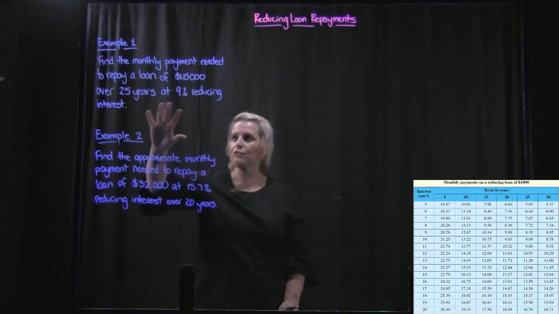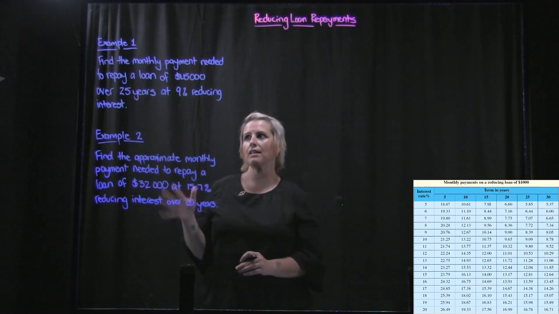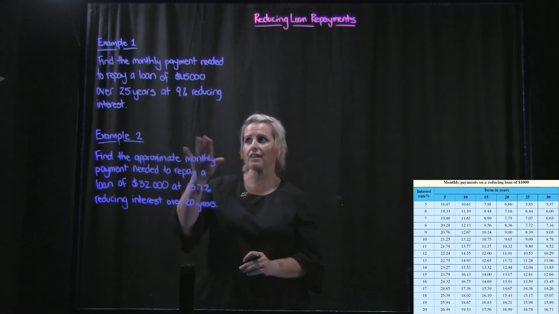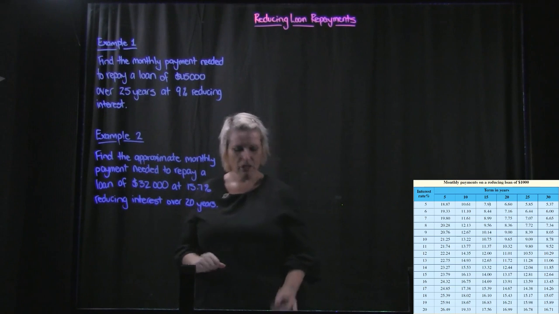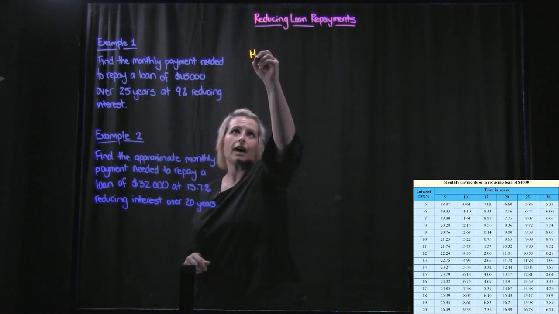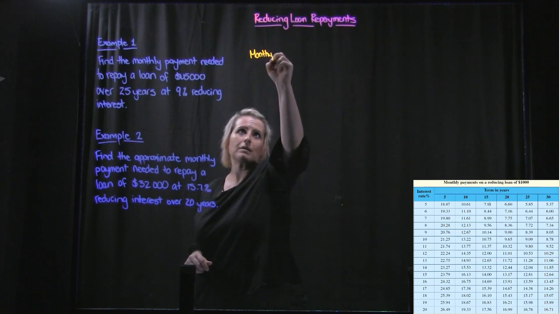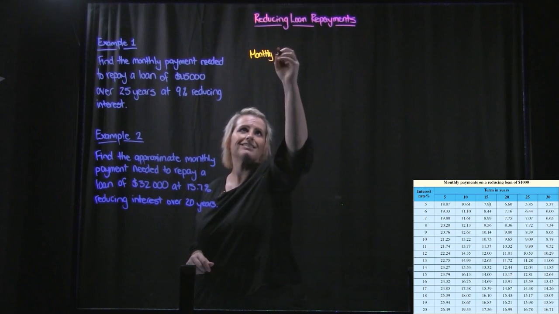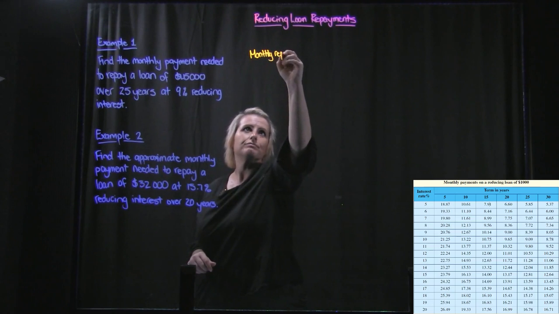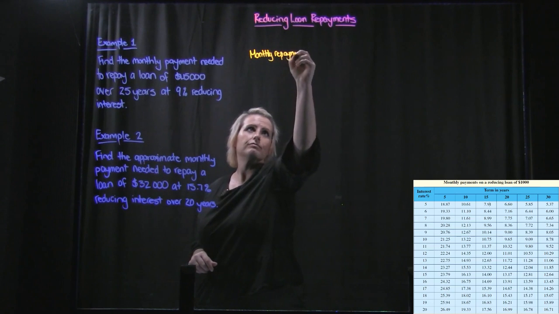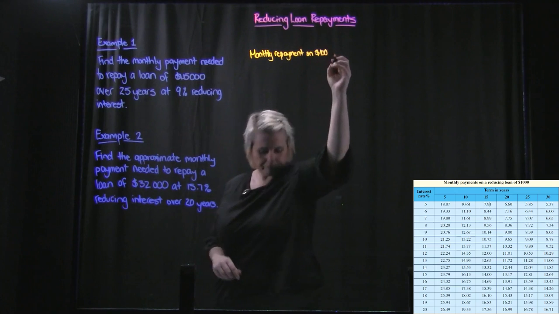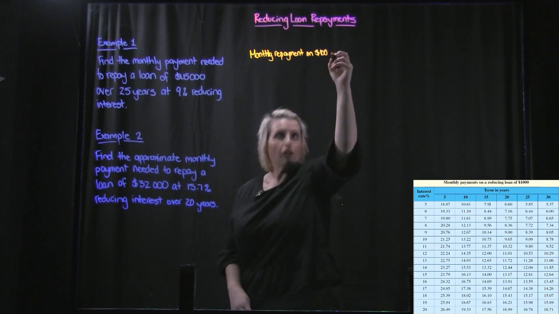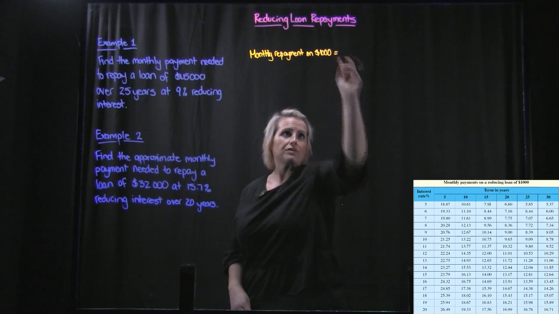If we have a look at this first question: find the monthly payment needed to repay a loan of $45,000 over 25 years at 9% reducing interest. The first thing I need to do is look at the monthly payment on $1,000 from the table.